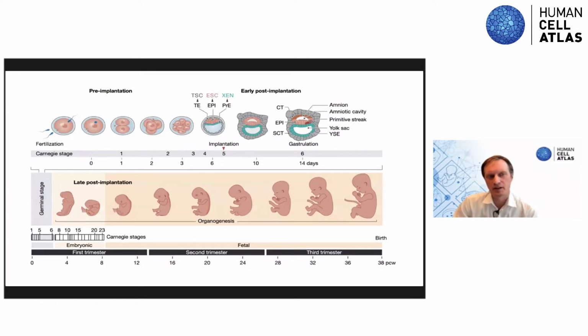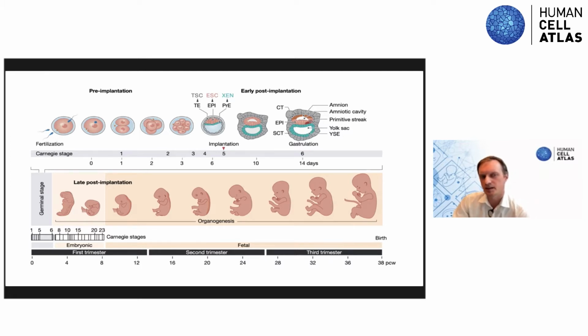As Sarah mentioned, there are particular challenges in human development. It's very difficult to access the earlier stages post-implantation, and she showed some model systems. There are some great model systems. There is a period that is relatively easy to access. It differs in different countries. In my country, it's easier to get access to the first trimester.